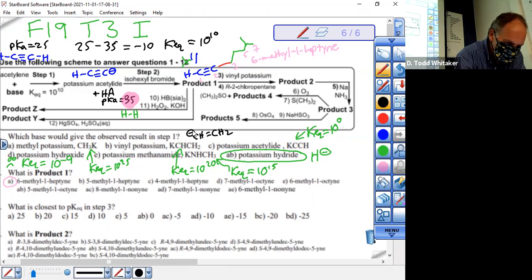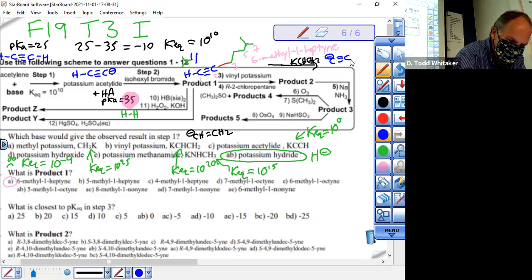It's a good base. That's just going to take the H off of this thing. You're going to get C triple C minus.